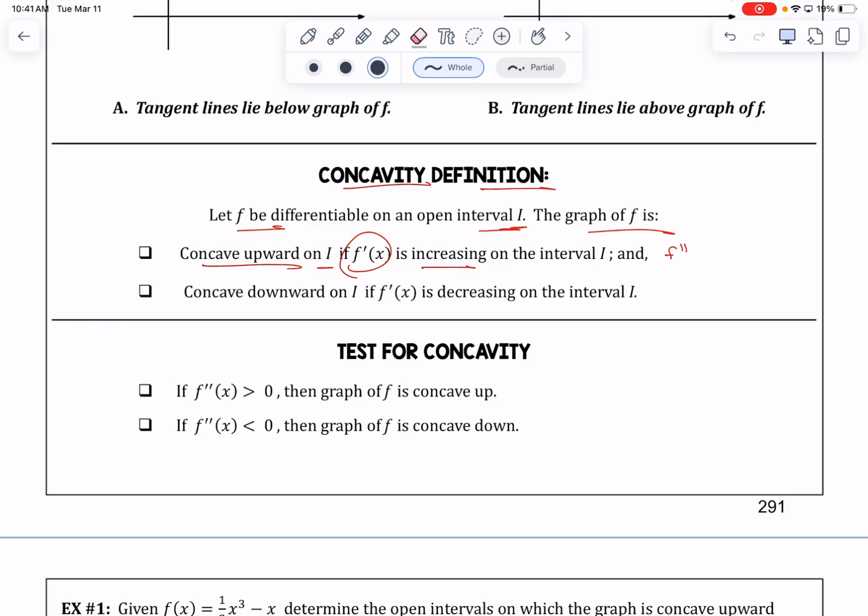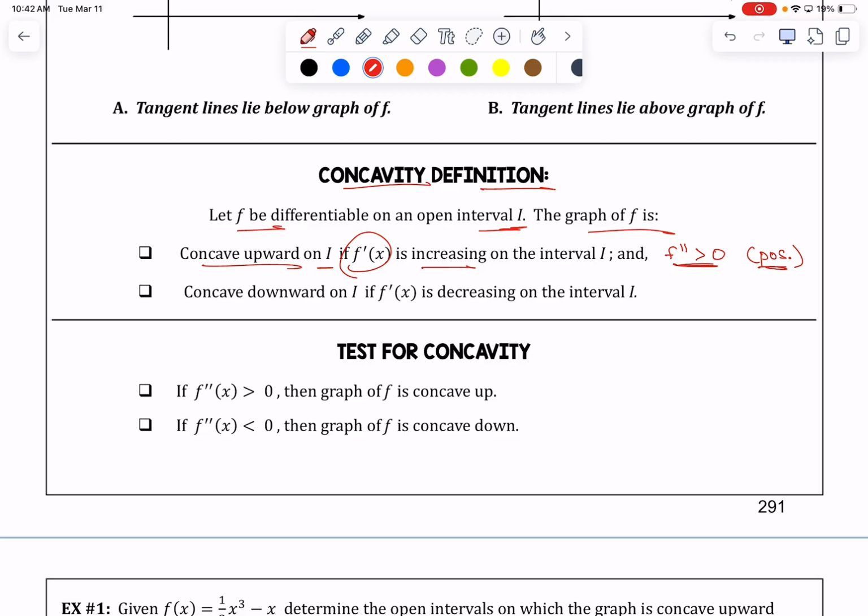Write that down. F double prime is greater than 0. So where your second derivative is positive, it tells you where the original's concave up, but it tells you where the first derivative's what? Increasing. It's telling you two things. The second derivative positive tells you where the first derivative is increasing and tells you where the original is concave up.